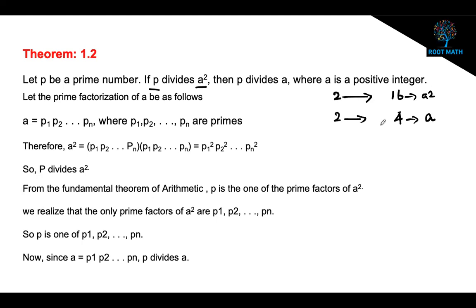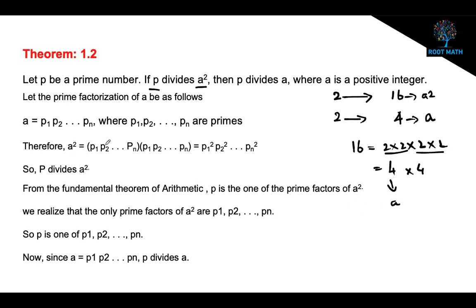That is what we want to prove. So where A is a positive integer. Here 16 can be written as the factors 2 times 2 times 2 times 2. This one is 4 and this is 4, which means that 4 is our A.